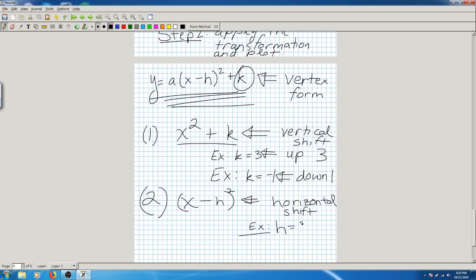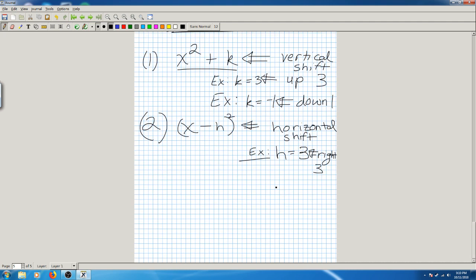If h is positive here, for example, this actually means right 3 units. If h was negative 3, this would mean left 3 units.